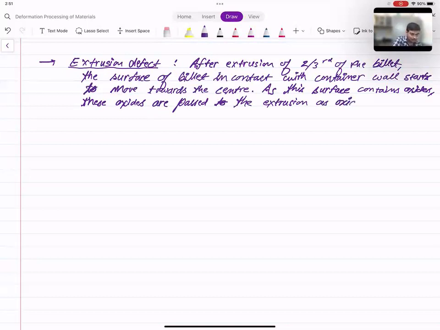Oxide stringers, and this is known as extrusion defect.